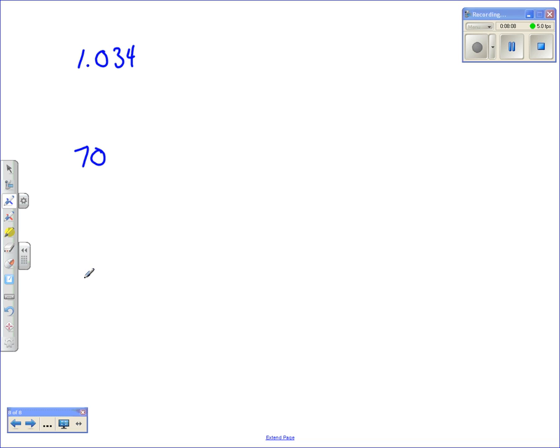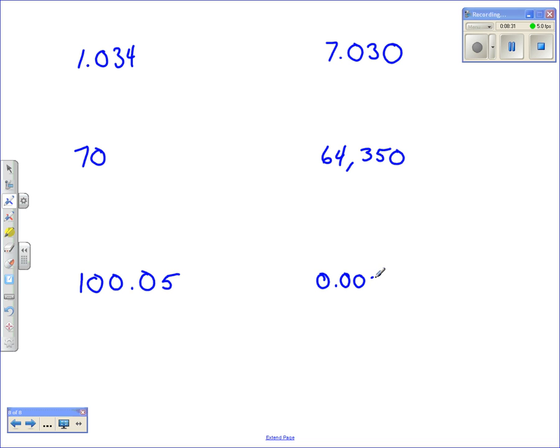The next one is going to be 100.05. The next one is going to be 7.030. The next one is going to be 64,350. And the last example is going to be 0.0025. And we're going to look at significant figures for all of these.